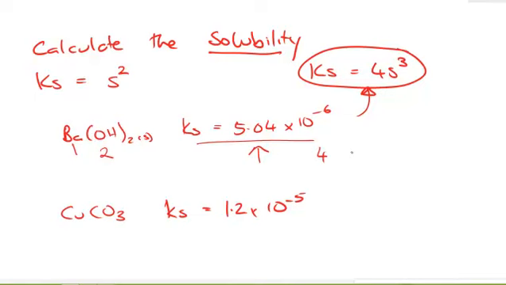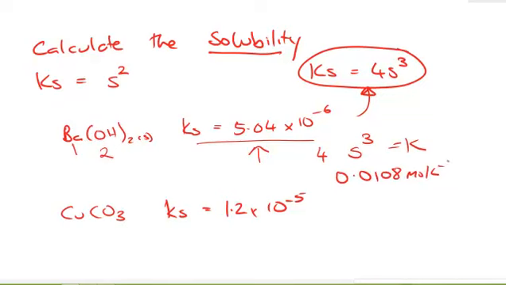Remember, the way this would have been worked out initially would have been 4 times S cubed equals Ks. So it would have been cubed first and then multiplied by 4. So you're going to divide by 4 and then find the cube root. Make sure you're okay at finding the cube root button on your calculator. Now the answer to this one here is going to be 0.0108.